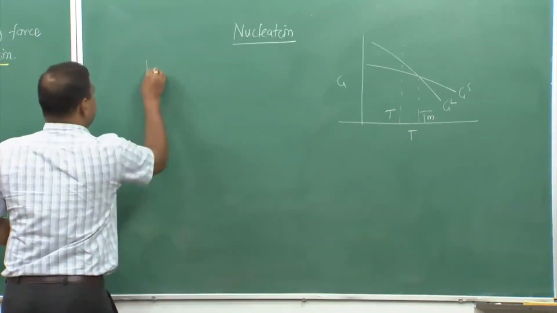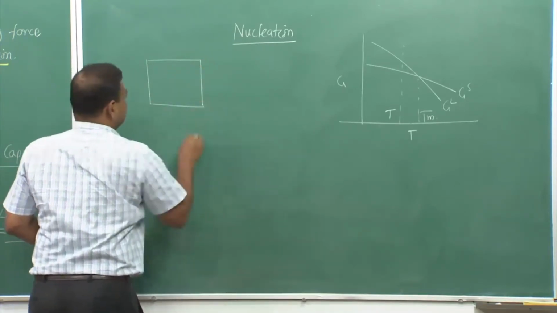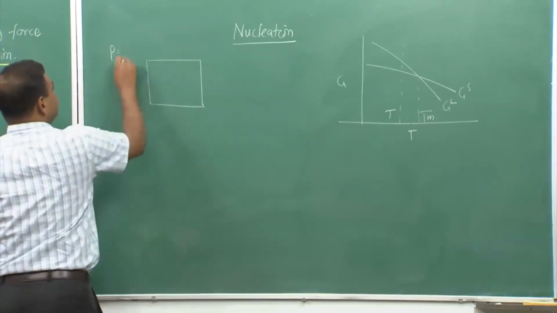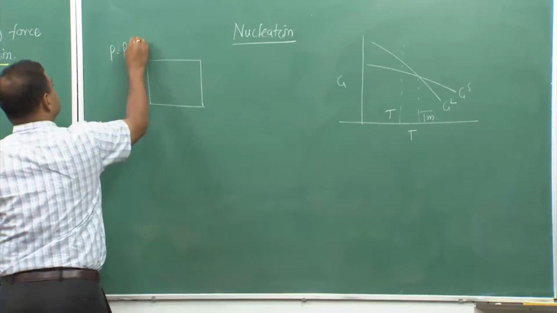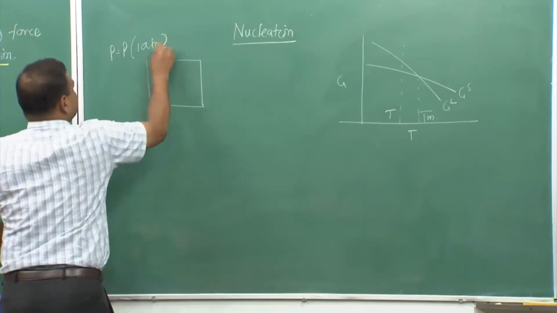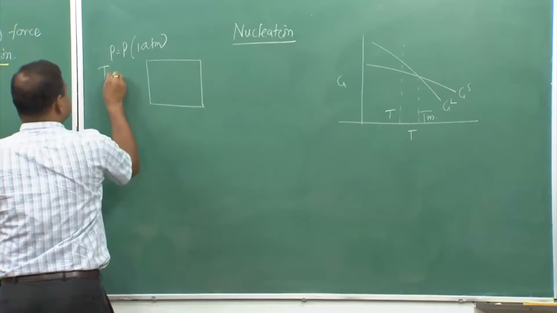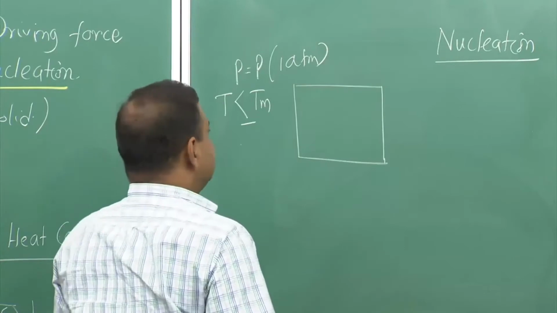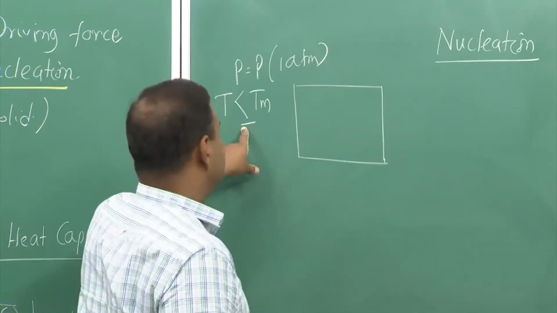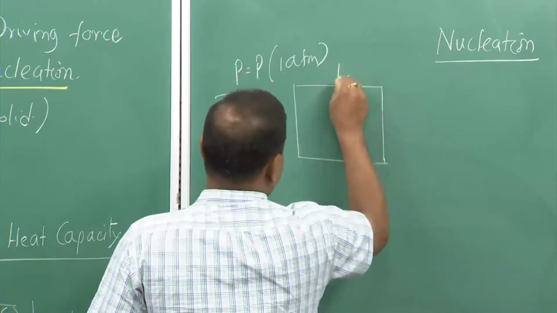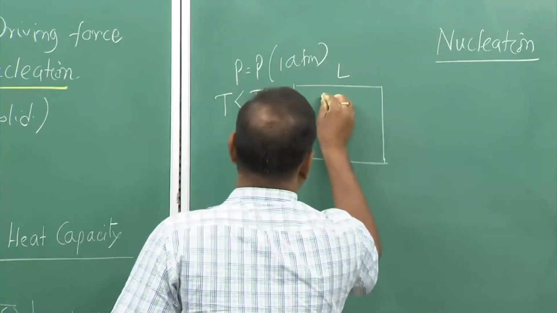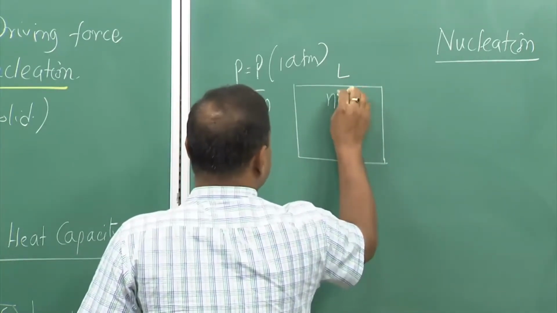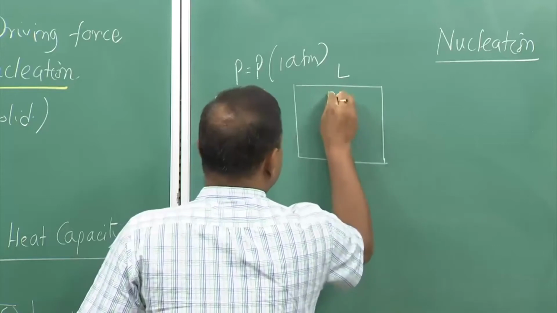So, if we have this enclosure and let us say this is a closed system at a particular pressure P, which is nothing but 1 atmosphere, and if it is at temperature T less than Tm, initially when I take that liquid to that temperature, everything is liquid, and let us say the volume of this particular enclosure is VL.